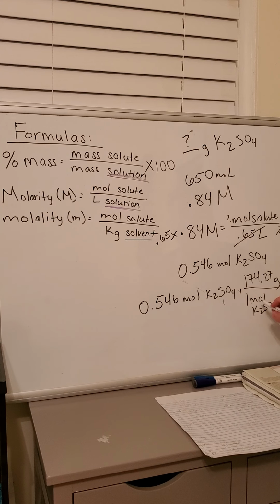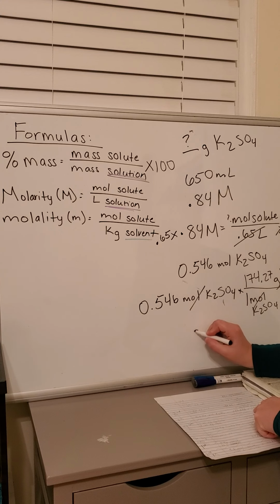When we do that, we're out of our mole unit and we're in grams of K2SO4, which is what the problem asked for. Now we multiply these two numbers because they're both on the top, and you will get 95.15 grams of K2SO4.